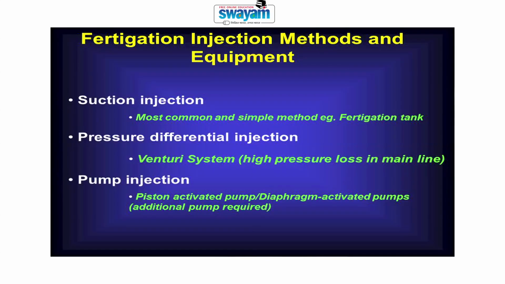What are the different injection methods for fertigation? You can use suction injection, or pressure differential injection such as the Venturi system. In suction injection, a typical fertigation tank is attached to a control system.